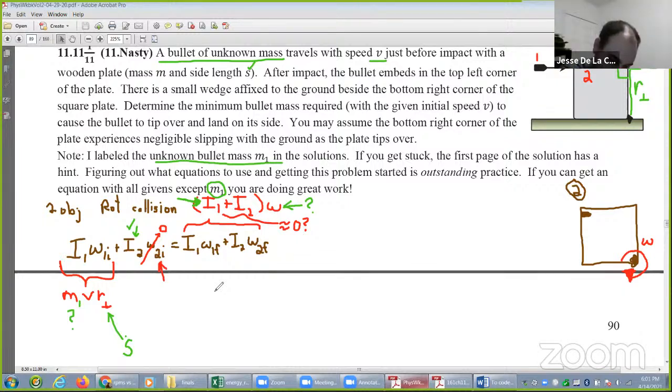Could you do L final equals M1 plus M2 VR? No, I don't. We basically already used the angular momentum issue. So we could try and do angular momentum a different way.